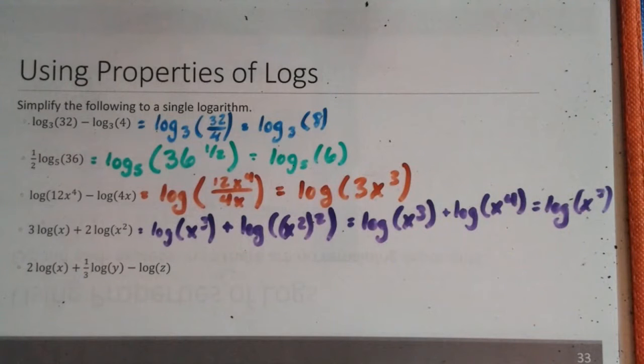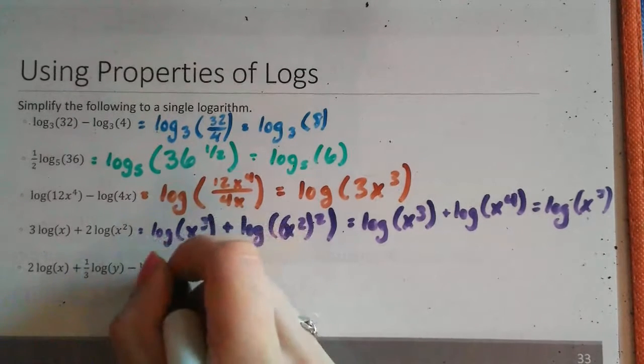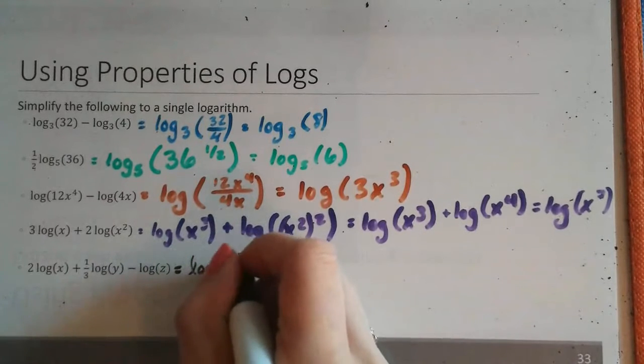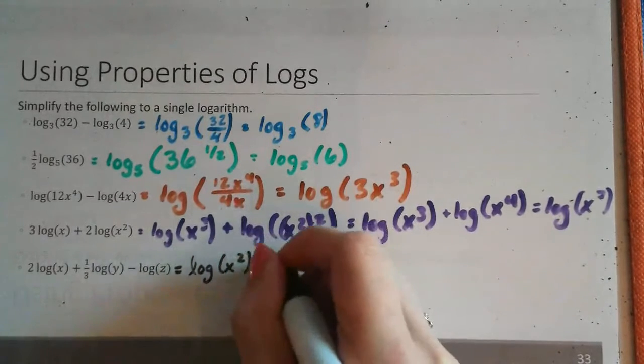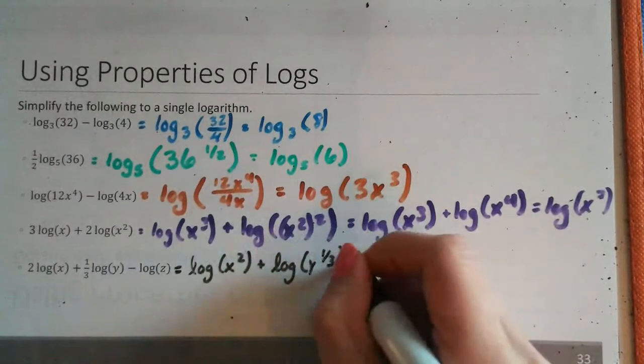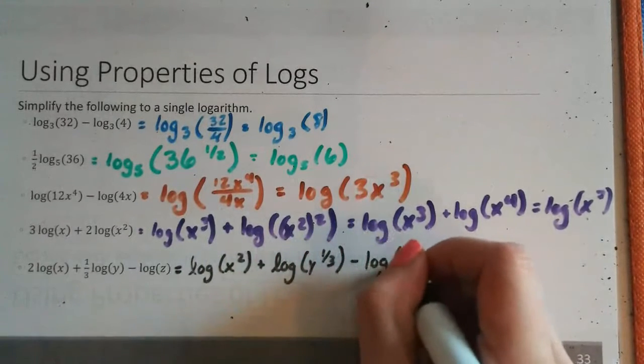Finally, we've got 2 log of x plus 1/3 log of y minus the log of z. First things first, I'm going to move the coefficients up into exponents. So we are looking at the log of x squared plus the log of y to the 1/3 minus the log of z.